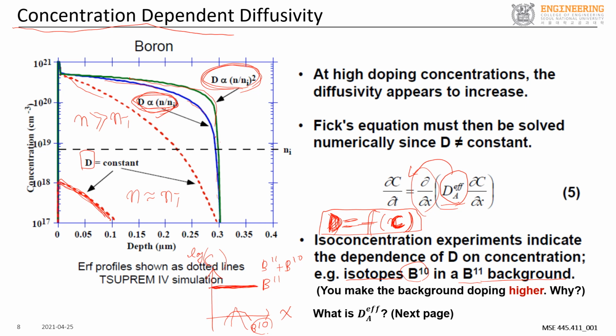So your background concentration is not changing, but this B10 concentration will change with time if you anneal the sample. By changing the concentration of B11 up and down, you can measure the diffusivity of B10 as a function of the background concentration. So by doing these measurements, you can measure the diffusivity as a function of concentration.